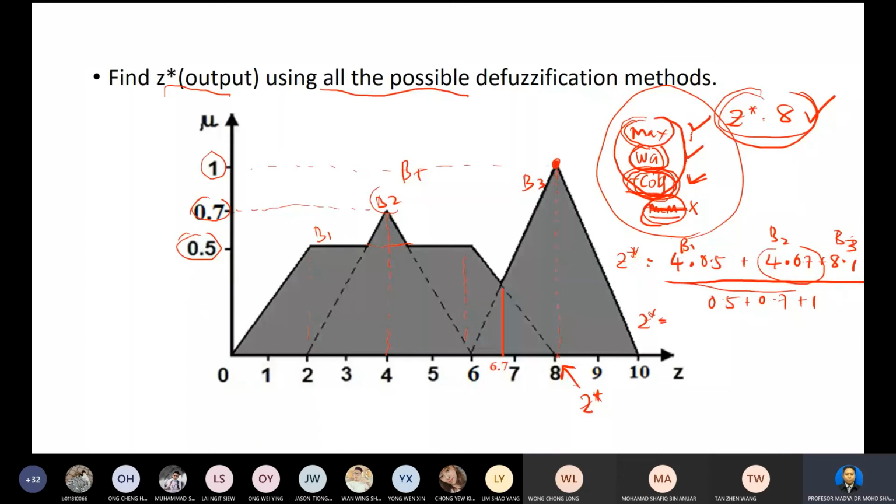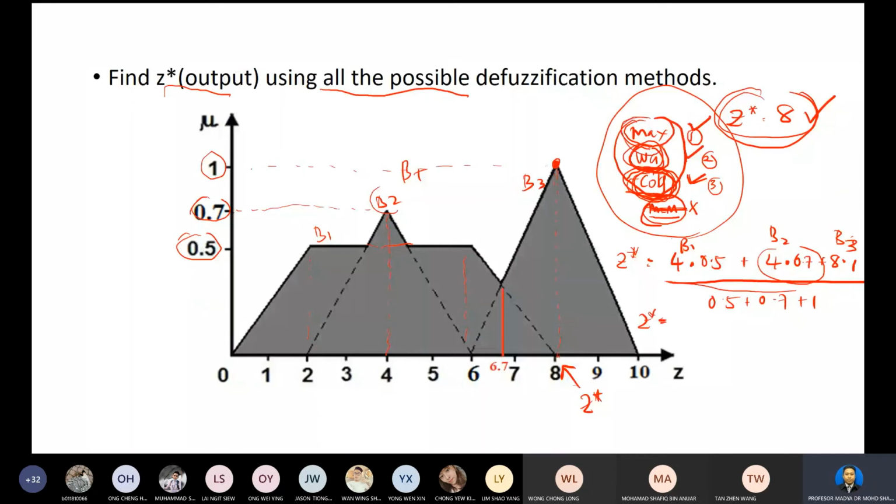This is a previous mistake from previous students. They solved the center of gravity, which takes time, and then forgot to solve using the weighted average and the max membership method. That's why they lost the marks, on this part and this part.